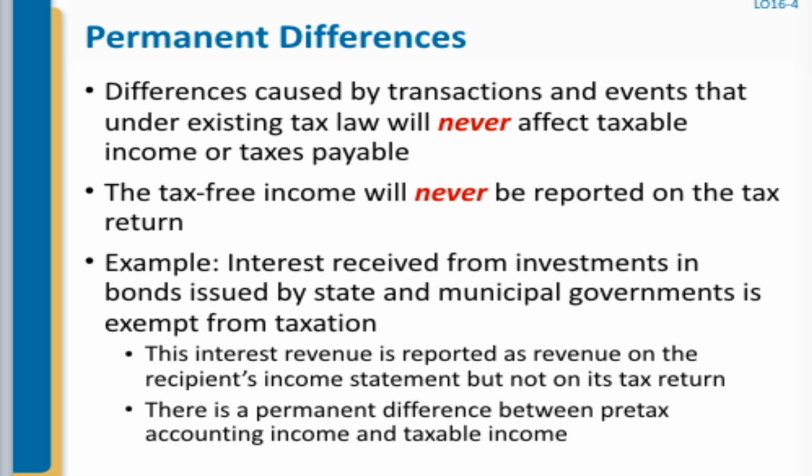So this will lead to a permanent difference, unless, of course, something happens that retroactively changes the tax code and makes these things non-tax exempt. But that basically has never happened and probably never would.